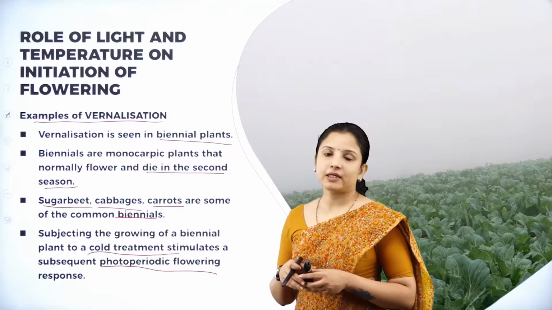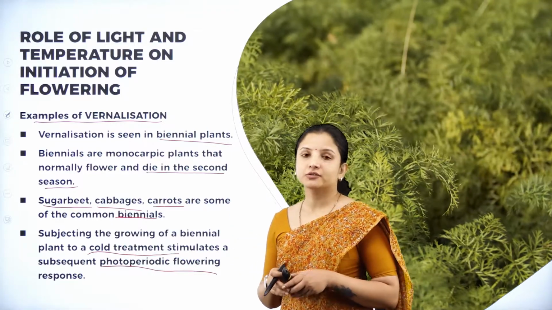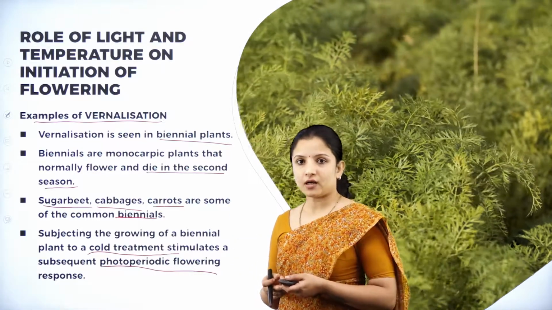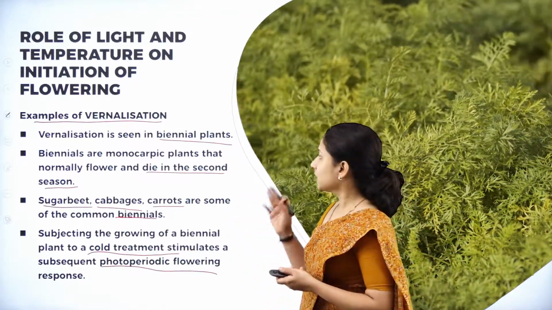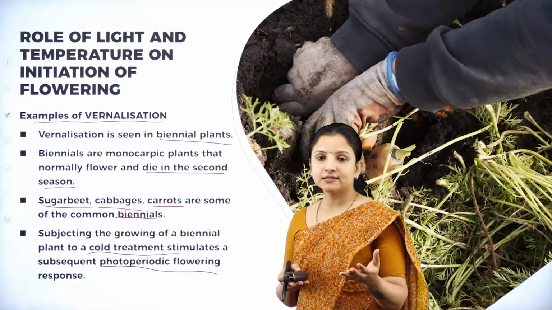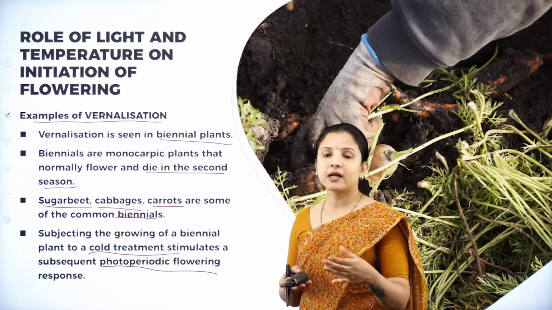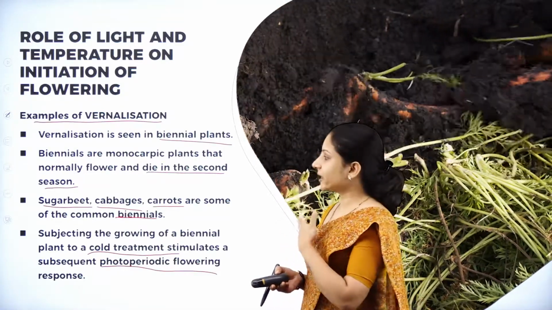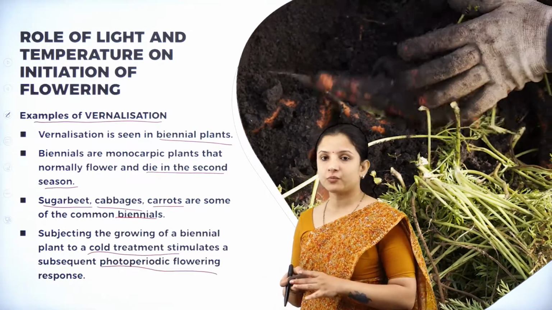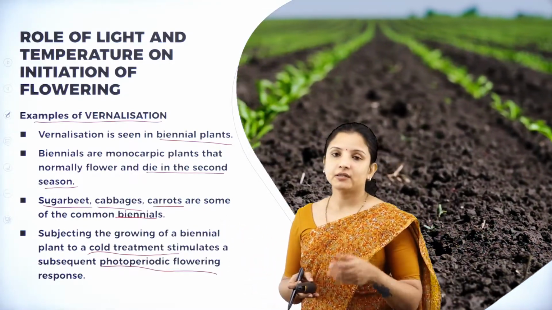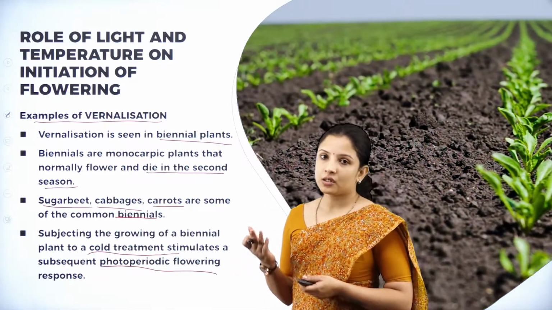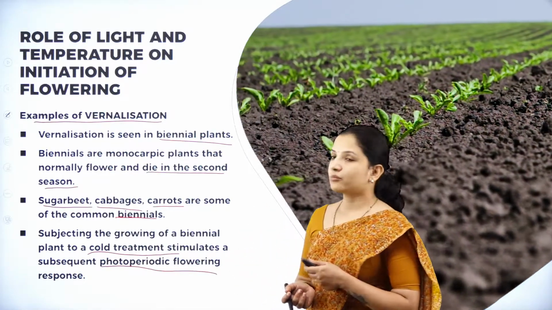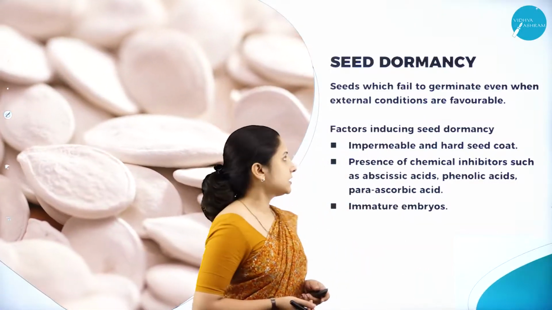By treating the plants to very cold temperature so that photoperiodic flowering can occur. So this is one of the best examples for vernalization in biennial plants, because vernalization is nothing but the flowering of the plants depending on temperature. So these biennials, when subjected to cold treatment, can have photoperiodic flowering stimulated in spite of being biennials. So this is about some of the examples of vernalization.